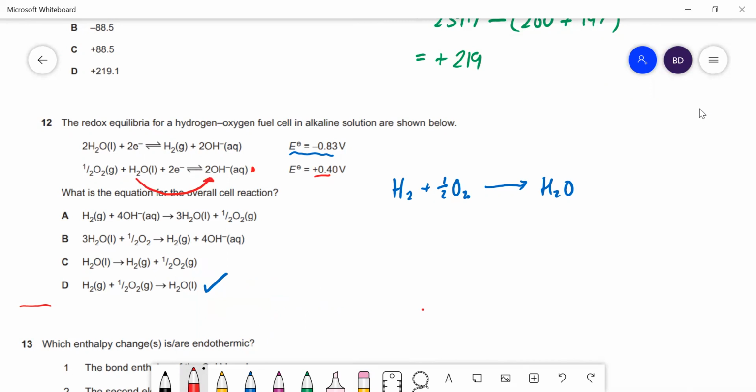And this one is the most negative, so this is going to be pushing out electrons, so that's going to go that way. Now, combine those two half equations together. You just have to add them because they're both 2 electron processes. And you'll see when you do that, all those hydroxide ions will cancel out, and one of the waters will cancel out as well. And you'll end up with this equation here.